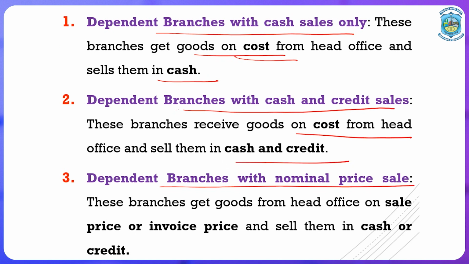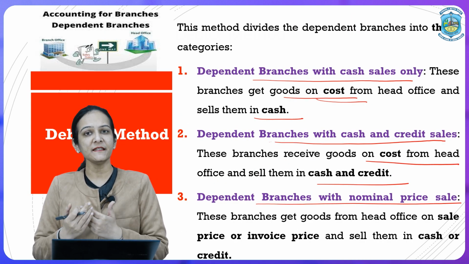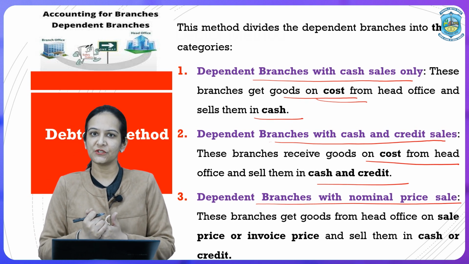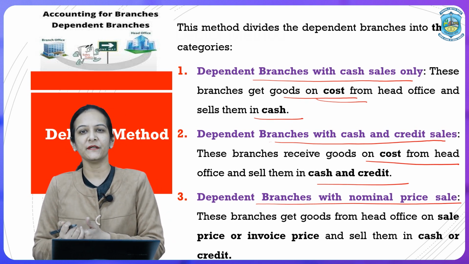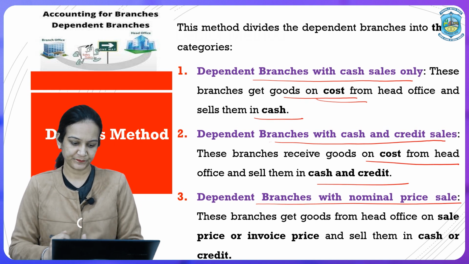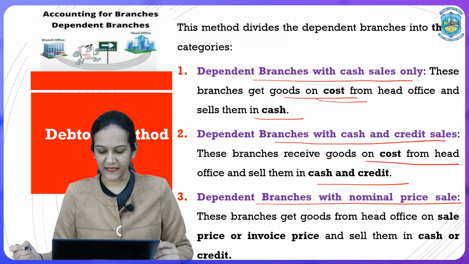Remember, there is a difference between cash and credit sales. Cash sale means you sell the goods and immediately get the money. In credit sales, some time lag is involved: you sell the goods today and after a certain period of time you get the cash for the sales proceeds. And the third is dependent branches with nominal price sales.